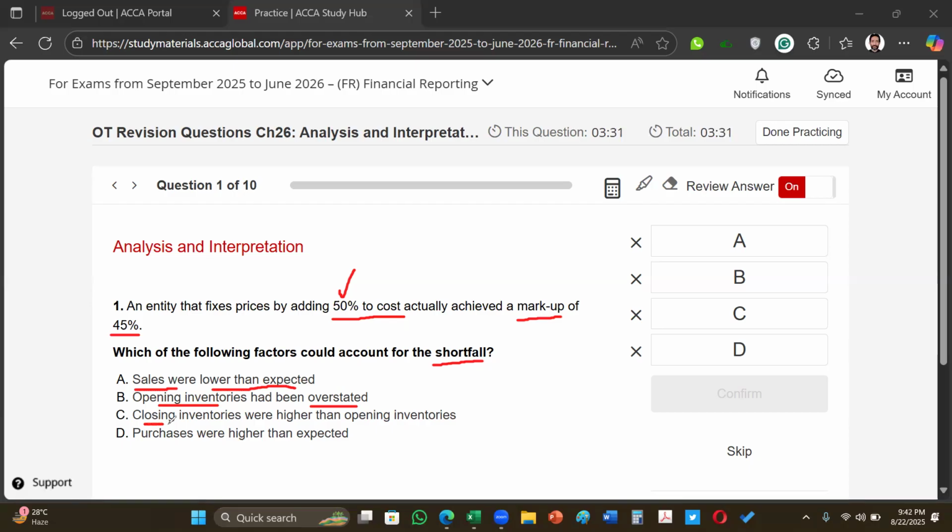The closing inventories are deducted from your cost of sales, and they're also not in the sales. So they create no impact. If they were higher, it is only the number of units. This would not make any difference. I hope you get the idea. This is talking about the number of units sold.